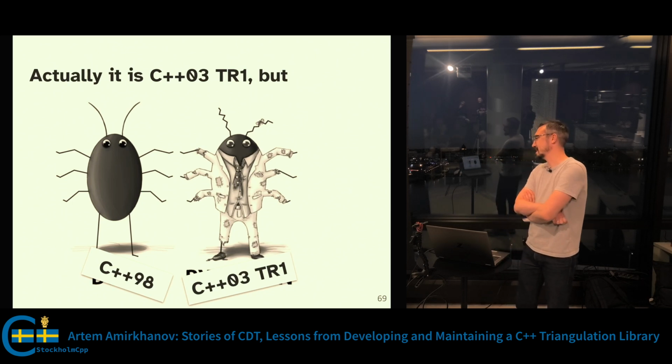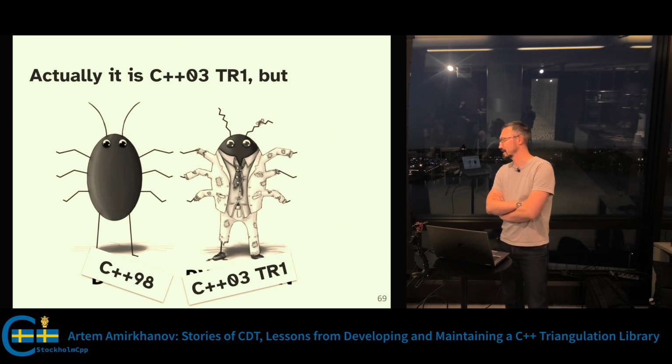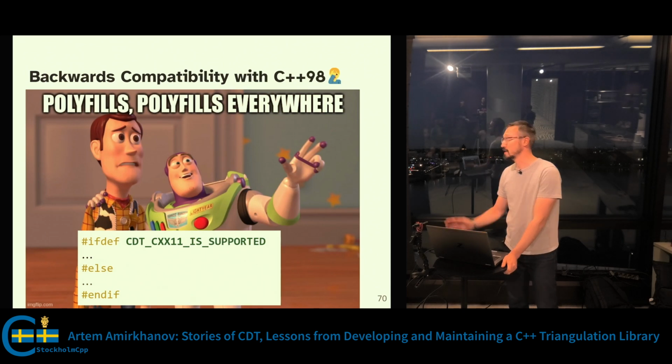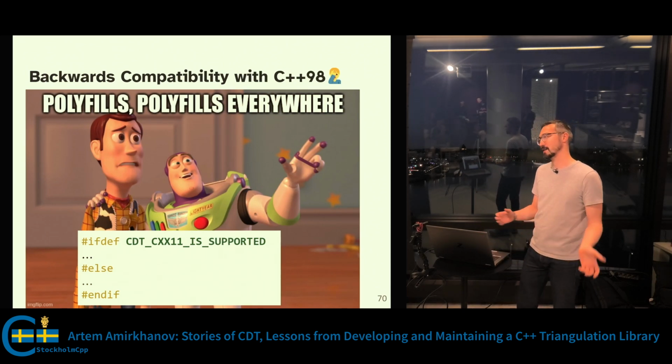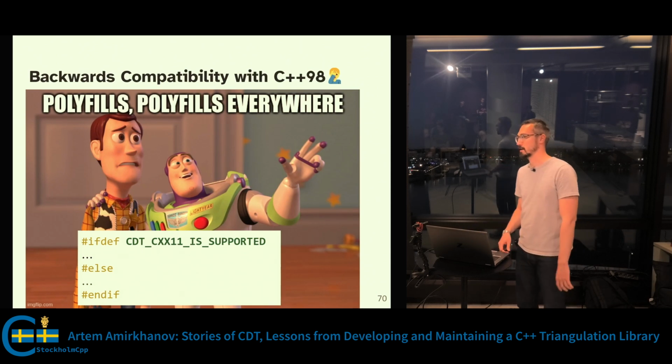Actually, it's not C++98. It's C++03 with Technical Report 1. But, I mean, that's how I see this picture. It's the same thing. So if you have TR1, you should have 98. Why not? Yeah, so the way it's done, it's polyfills. And a polyfill is when you have functionality that's in the later versions of the standard library, you just implement it for the older compiler yourself.